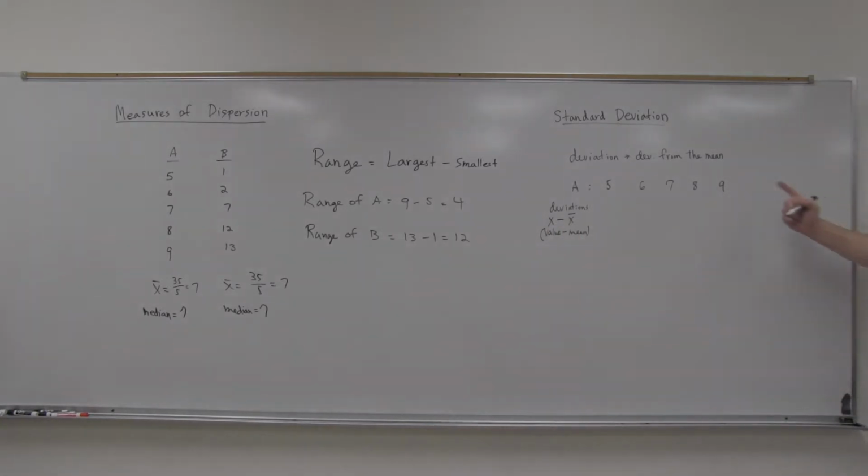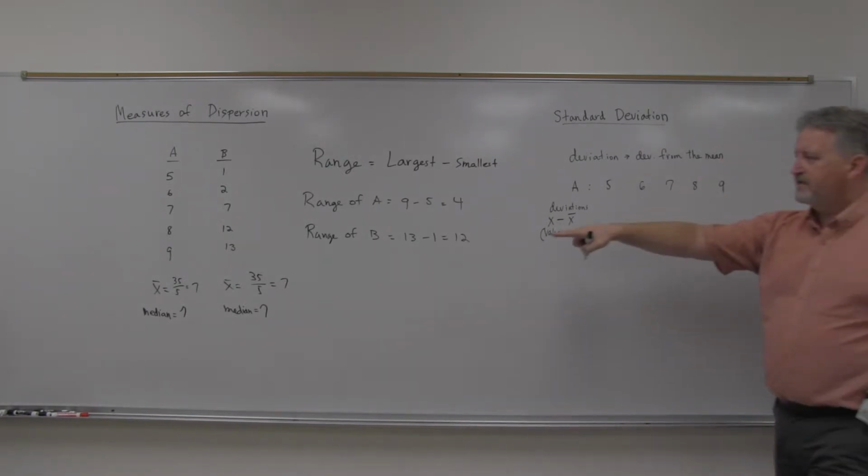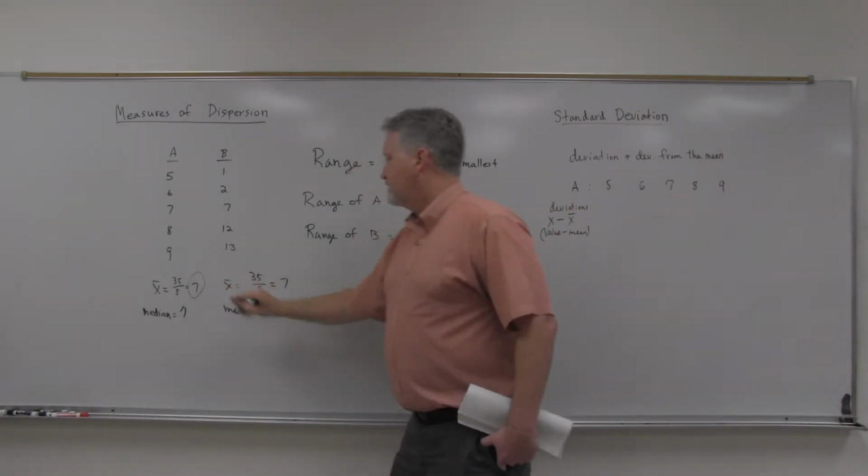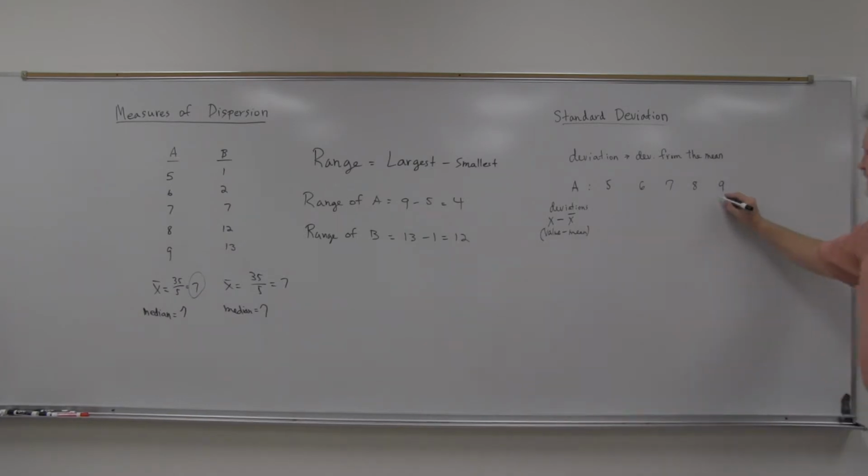All right, so let's start at 9. So I take 9 and minus the mean. What's the mean over here? 7. So the deviation for 9 would be 9 minus 7. So the deviation is 2. All right, so it's pretty easy computation.